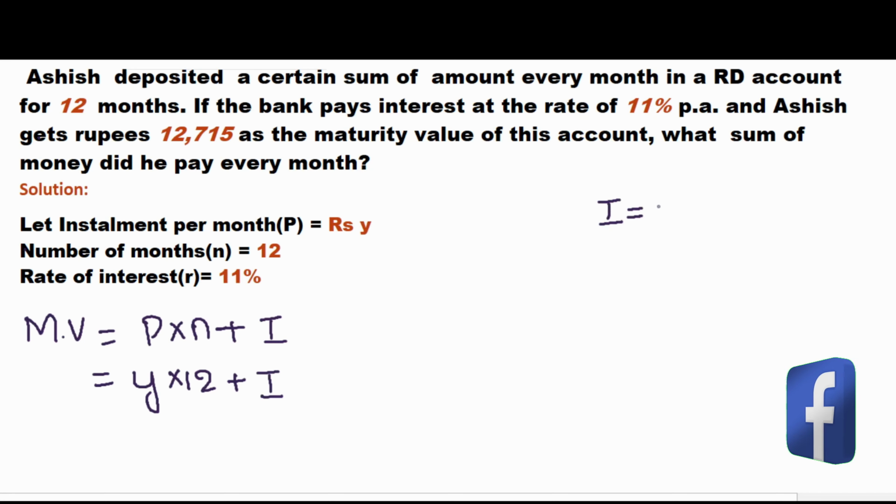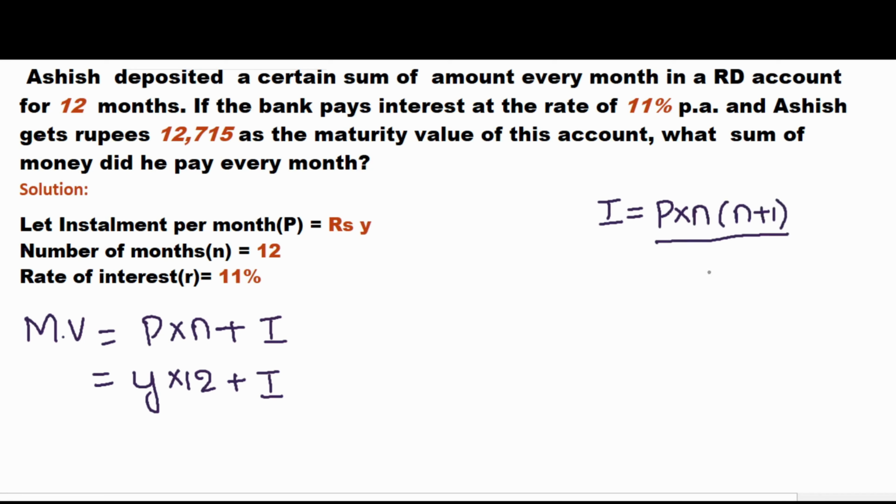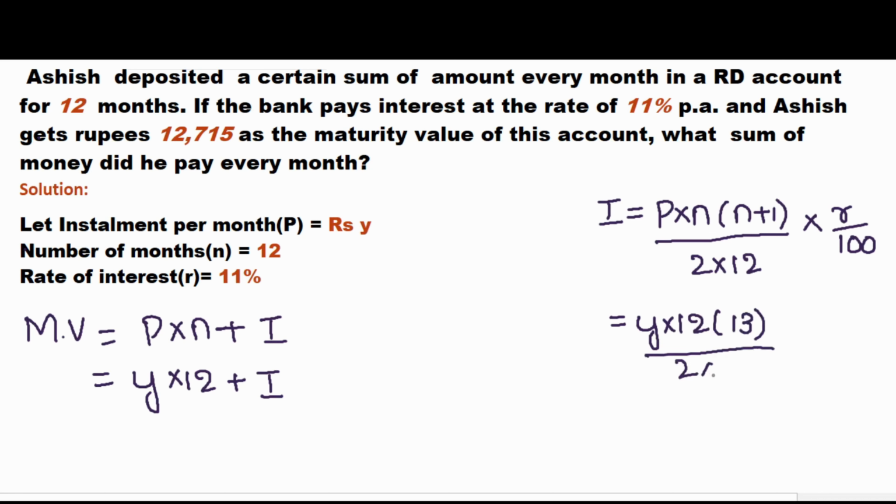So I is equal to P into N plus 1 divided by 2 into 12 into R value by 100. So P we have taken as Y into 12 into 13 divided by 2 into 12 into R value is 11 by 100.